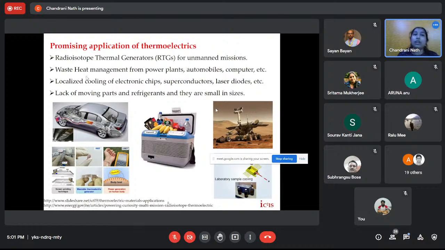Another important point is you can use them for waste heat management in automobiles. In fact, BMW has been working on this property of thermoelectric materials to utilize the waste heat to power auxiliary features like the air conditioning or the power steering.